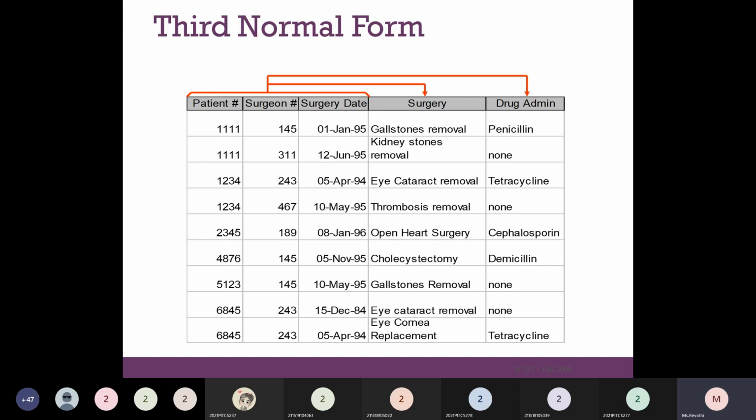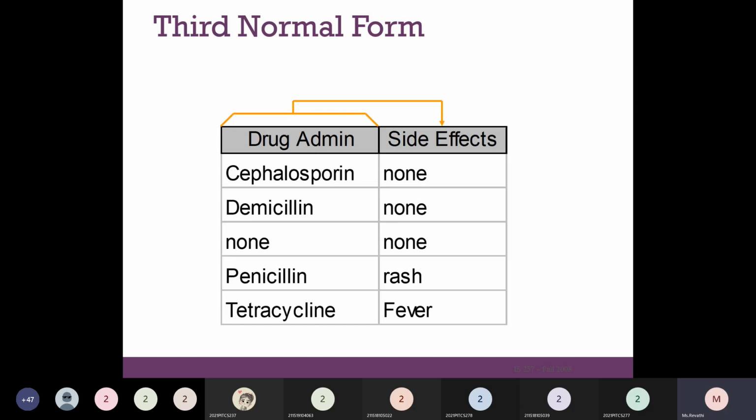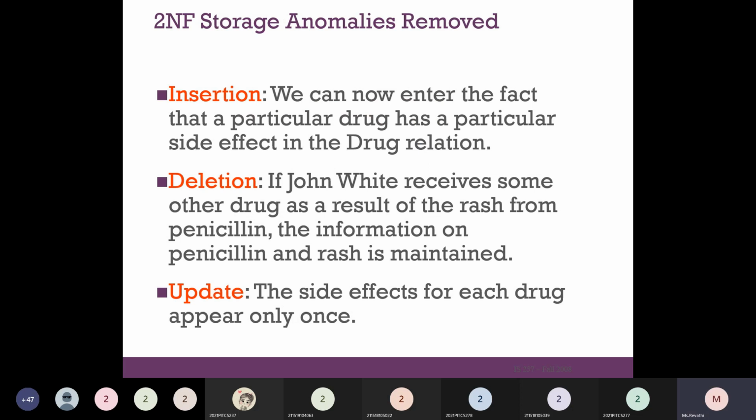By decomposing it, we can resolve the problem. Now we can enter the fact that a particular drug has a particular side effect in the drug relation as well. John White's record says that he received some rashes when using penicillin as a post drug.